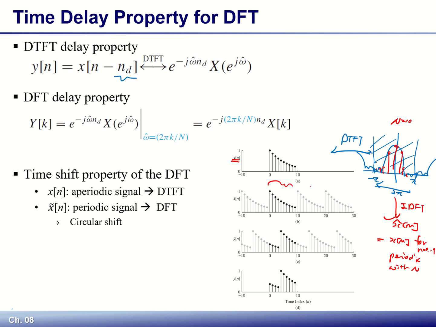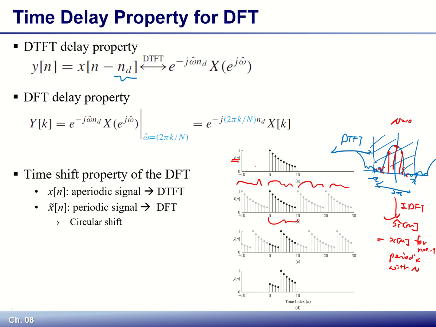This one will be periodic like this, like this. If you want the original signal x[n], then you consider only the fundamental period from 0 to 9.